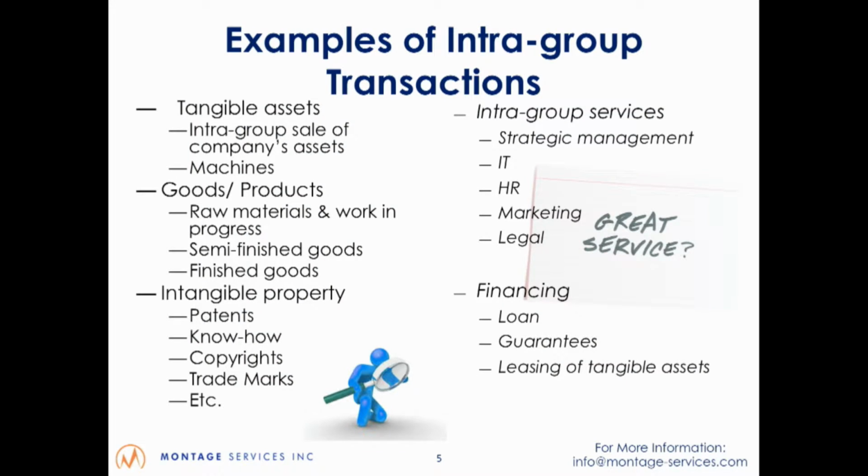Obviously, intangibles are an area where royalties are used to determine what is the appropriate transfer price between related companies. If a company has provided its subsidiary some know-how, that subsidiary should be paying a royalty back to the parent company for use of that know-how.